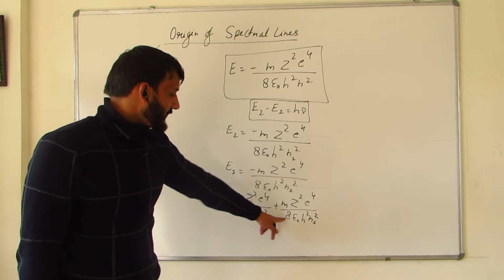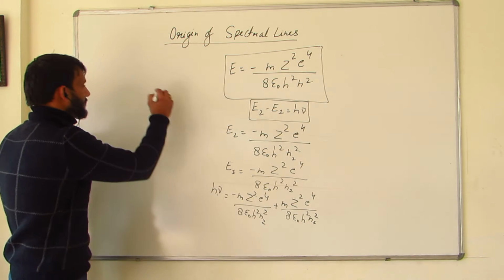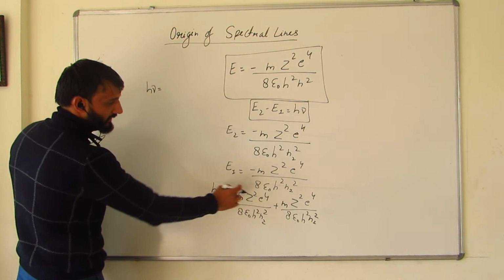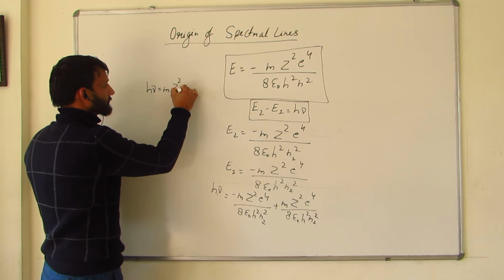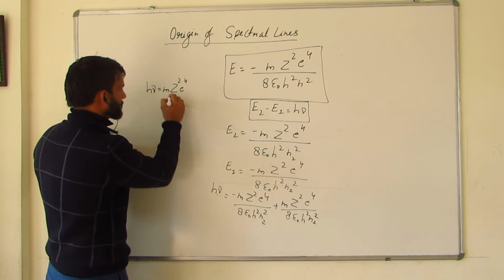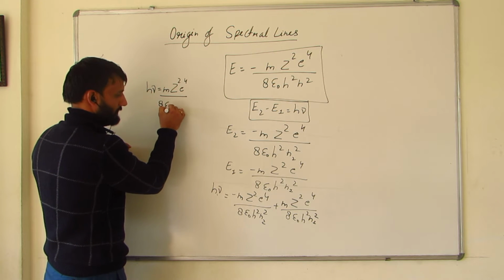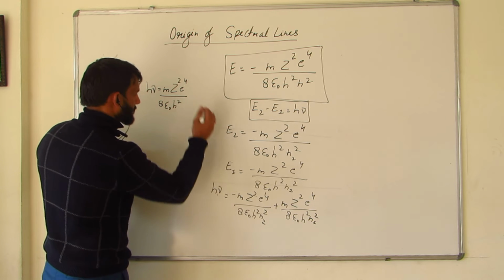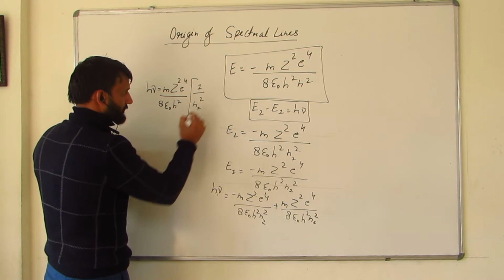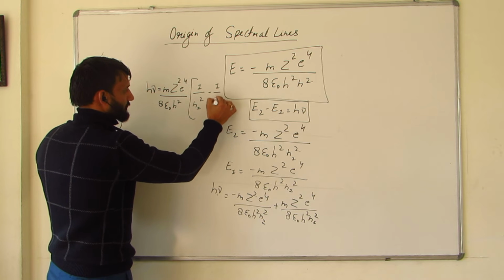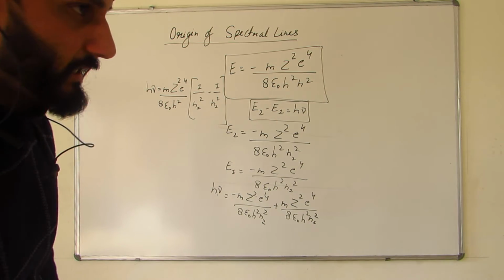Now I am writing this here and taking the negative equation to that side. So it will be h nu, and the rest of the things come common: one upon n1 square minus one upon n2 square, right?